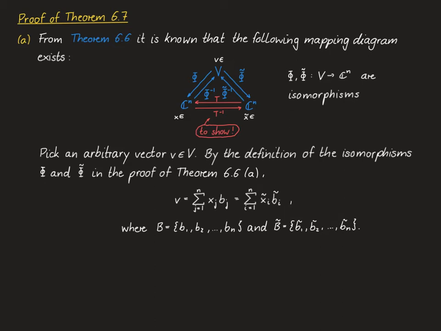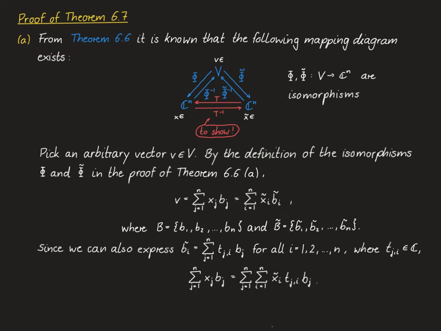Now pick any arbitrary vector v in the vector space V. By the definition of the isomorphisms phi and phi tilde in the proof of theorem 6.6a, we have that v can be written in terms of the basis vectors in the basis B by summing from j equals 1 to n of the elements xj of the vector x times the corresponding basis vector bj, and alternatively we can express v in terms of the basis B tilde by summing from i equals 1 to n of the elements x tilde i of the vector x tilde times the corresponding basis vector b tilde i.